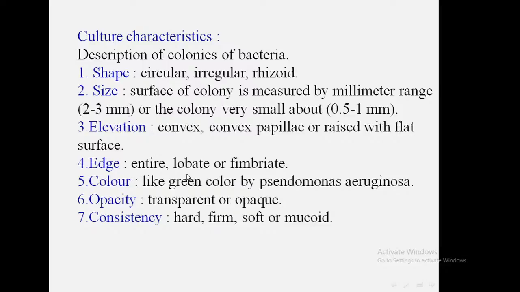Edges: entire, lobate, fimbriate. Color: it gives a green color by Pseudomonas aeruginosa. Opacity: transparent or opaque. Consistency: hard, firm and soft. This is the characteristic of colonies of bacteria.